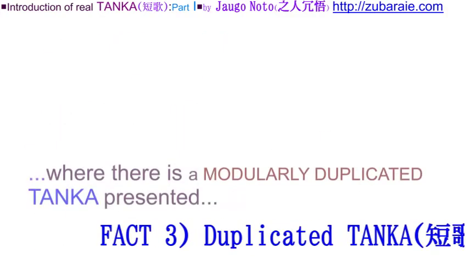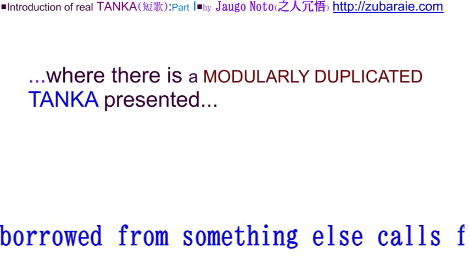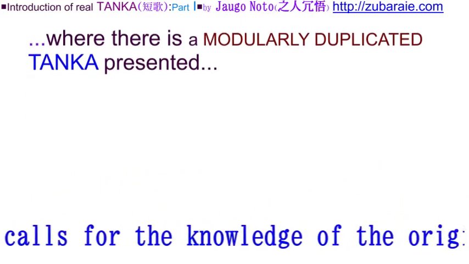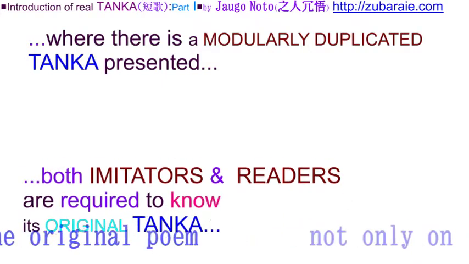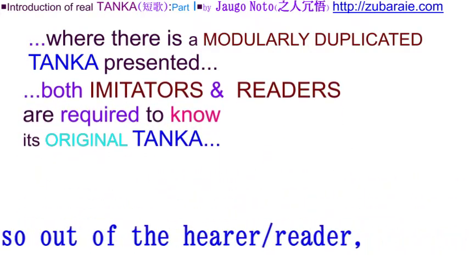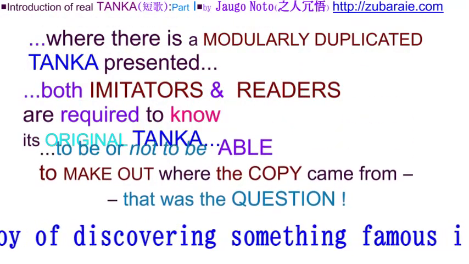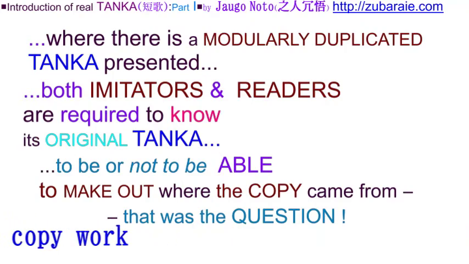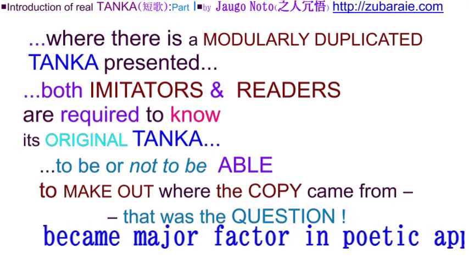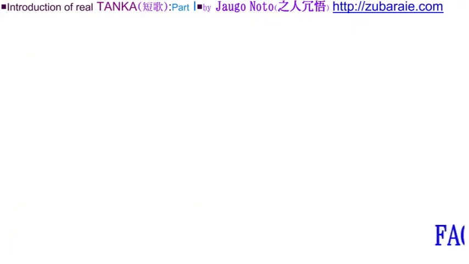Fact 3. Duplicated tanka with modular units borrowed from something else calls for the knowledge of the original poem not only on the part of the imitator, but also of the hearer-reader, with the result that the joy of discovering something famous in such copy work became a major factor in poetic appreciation of Japanese tanka.